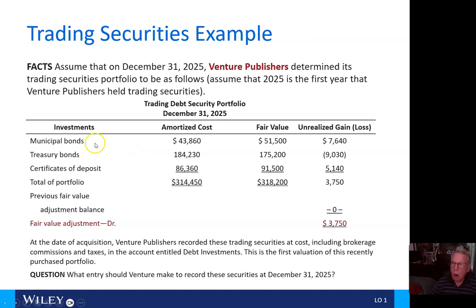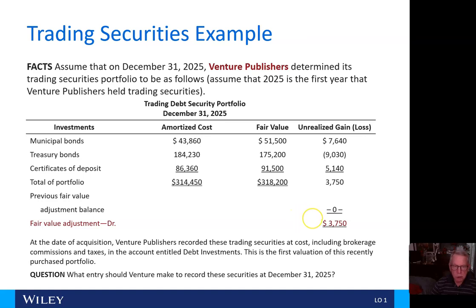So here they all are: municipal bonds, treasury bonds, certificates of deposit. And we have our amortized cost and fair value. So if we ripple that through, unrealized gains or losses are shown as follows. And in total, we have a $3,750 unrealized gain.